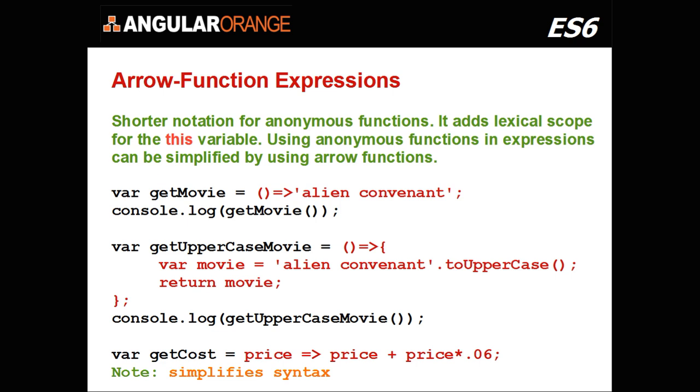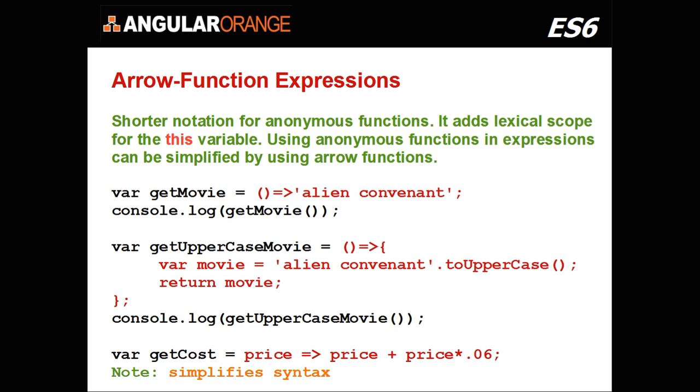Okay, arrow function expressions. It's a shorter notation for anonymous functions. It adds lexical scope for the this variable. Using anonymous functions and expressions can be simplified by using arrow functions. So suppose I have a var getMovie, and I set it equal to empty parentheses, fat arrow, and then define a string Alien Covenant.